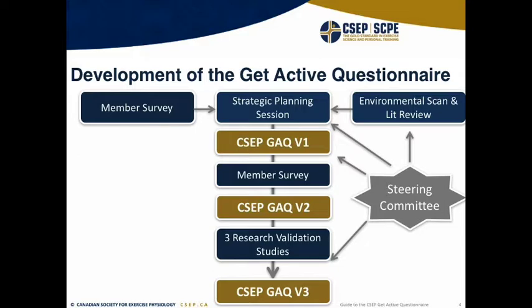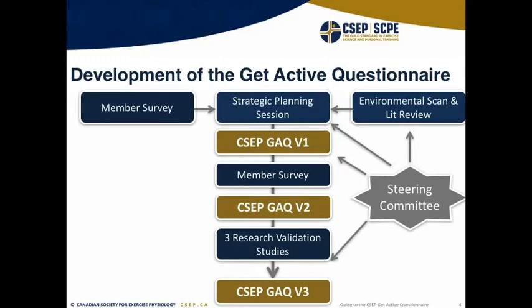It was sent back to members in another survey to assess their feedback on the design of the questionnaire, the questions that were asked, and the ease of its use. From there, we further refined the Get Active Questionnaire, and then it went out for 3 research validation studies with separate populations. One was older adults, another children, and the last was apparently healthy adults.